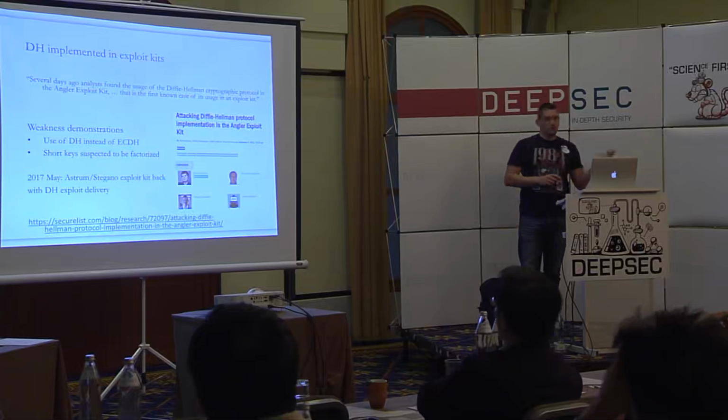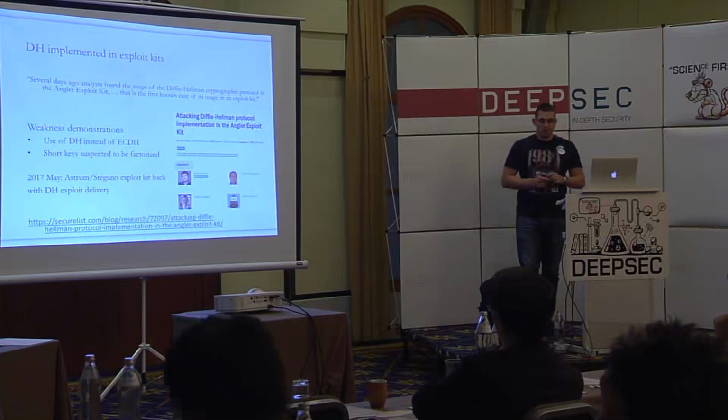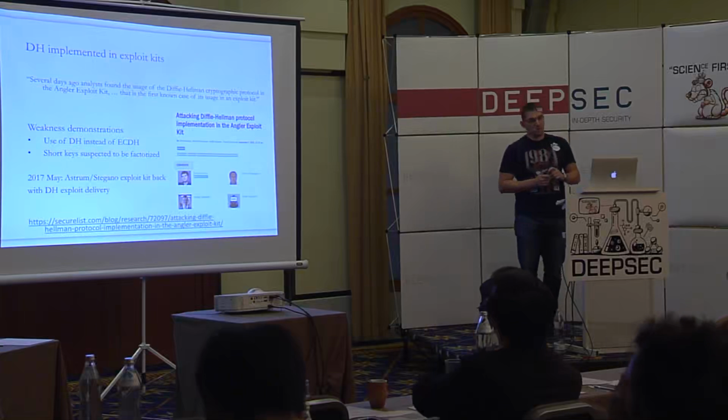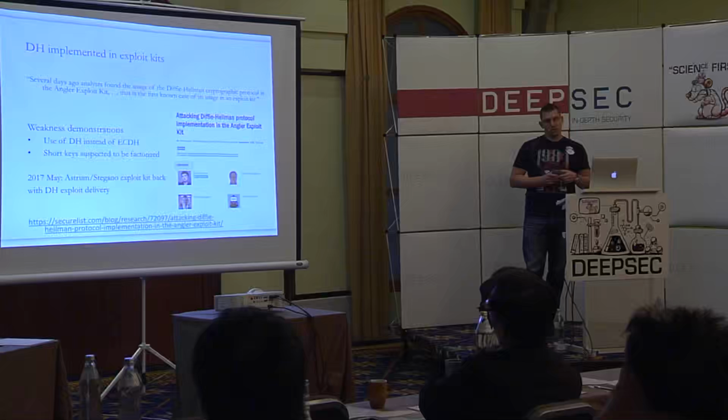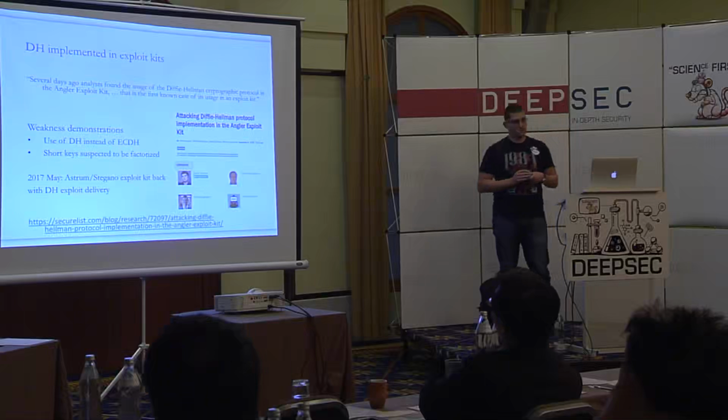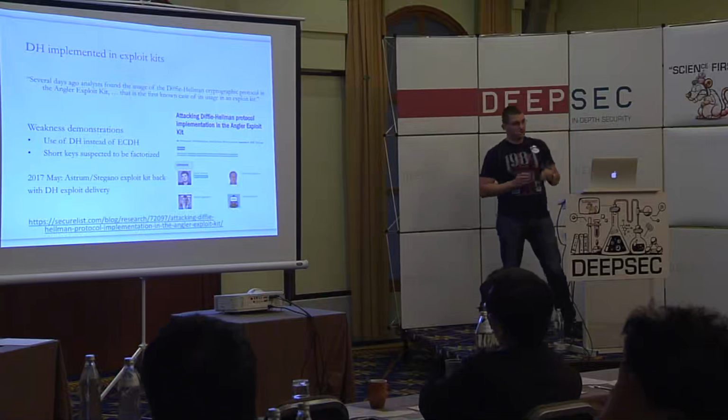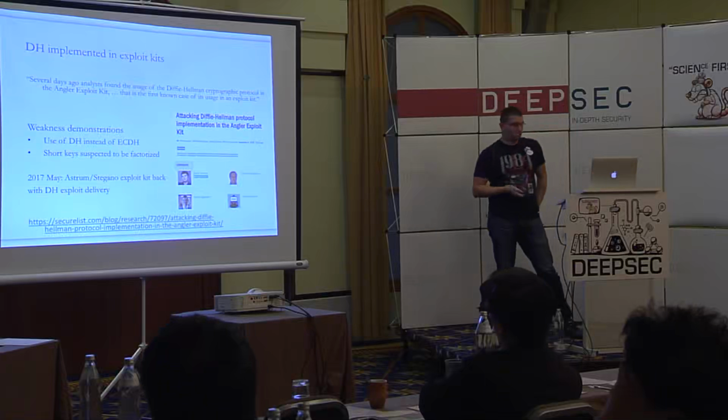And I already mentioned that the Angler exploit kit was the first to implement this attack, and after a while Angler disappeared, but now there is still another exploit kit in the wild which uses this kind of attack, and this is called the Astrum or Stegano exploit kit.